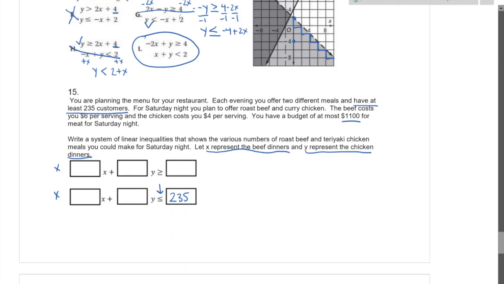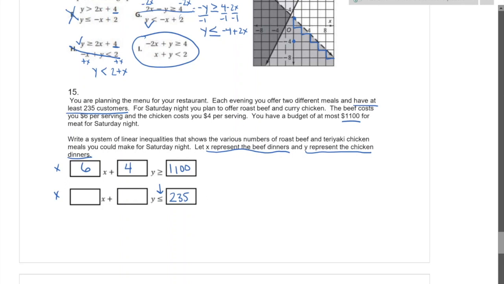Okay? For Saturday night, you plan to offer roast beef and curry chicken. The beef costs $6 per serving. Okay? So remember, beef stands for X. So 6X plus, how much is your chicken? 4Y. And it can't go over 1,100. Okay?